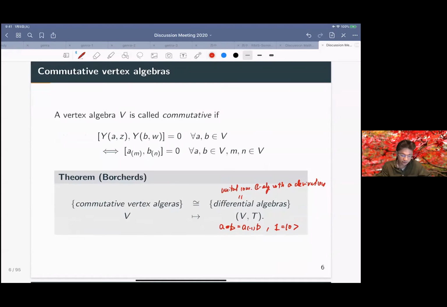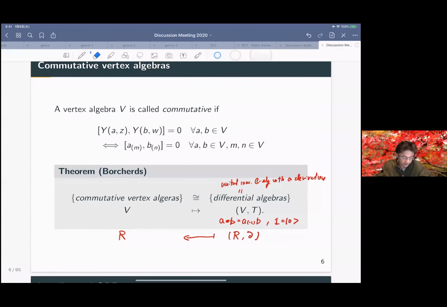And conversely, if you have a differential algebra, which is a commutative algebra with a derivation, you can give R the structure of a commutative vertex algebra by setting the vacuum vector to be just 1, and the translation operator to be this differential.